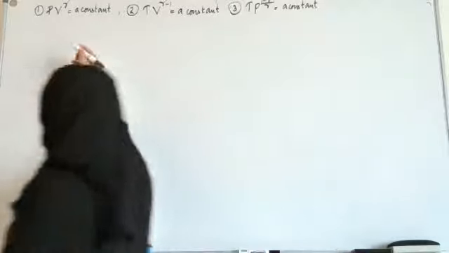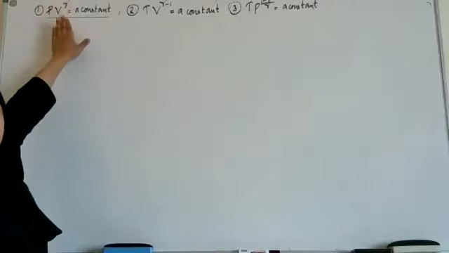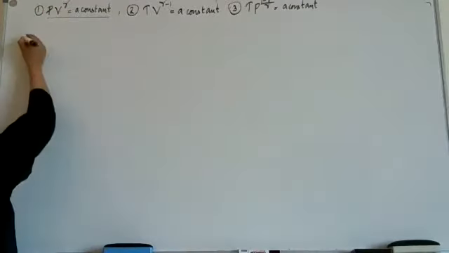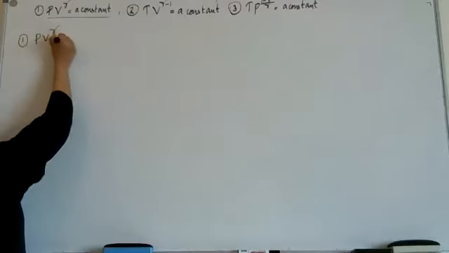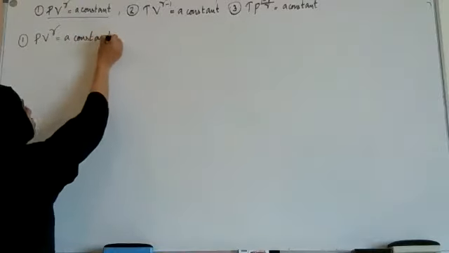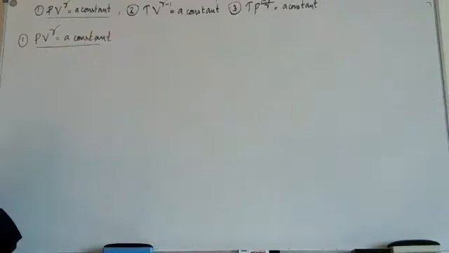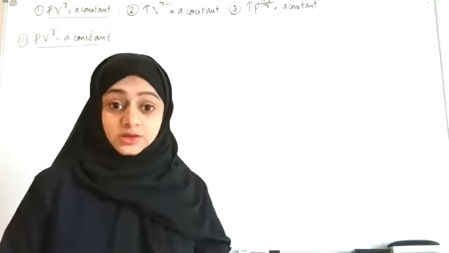So first, let us consider this equation, PV raised to gamma is a constant. So we are first going to prove that PV raised to gamma is a constant for an adiabatic change. So let us start with the first law of thermodynamics.